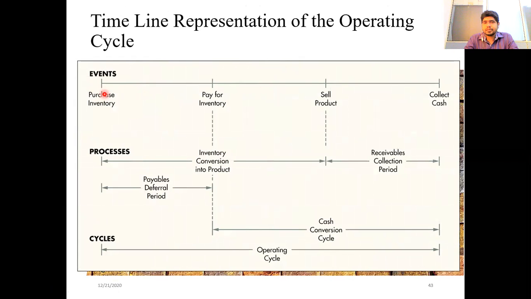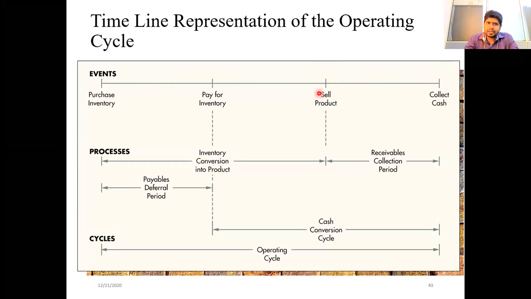If you purchase on credit, then another current liability occurs, called payable or creditors. So you keep the inventory for a period of time and you convert the raw material into finished goods, and it's ready for sale. You keep the finished goods up to sales, and then you collect cash from your customer.